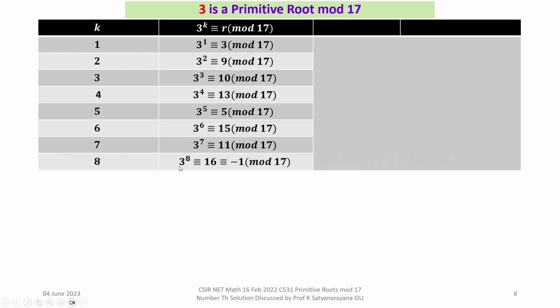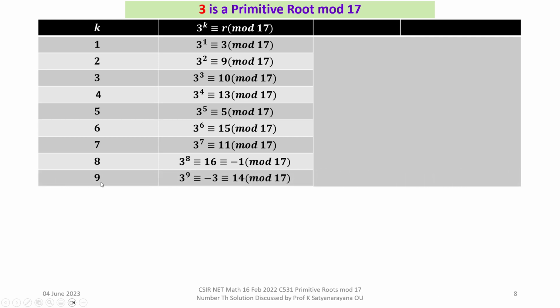K is 8. 3 power 8. 3 11s are 33. Minus 17, that is 16. 16 is minus 1 modulo 17. K is 9. That is 3 times minus 1, minus 3 modulo 17 is 14.